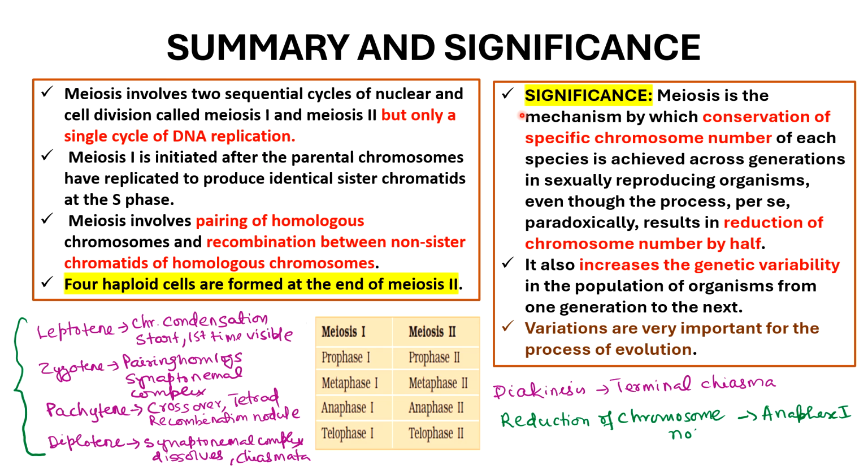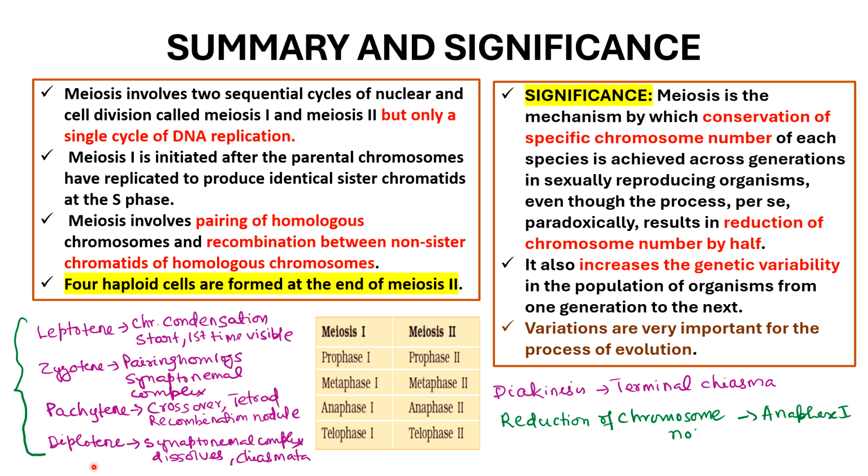Interkinesis does not have any S phase, so DNA is replicated in a single cycle in case of meiosis. Very, very important point. Next, meiosis involves pairing of homologous chromosomes and recombination between the non-sister chromatids. The result of meiosis is that 4 haploid cells are produced at the end. Now these are the different stages of meiosis.